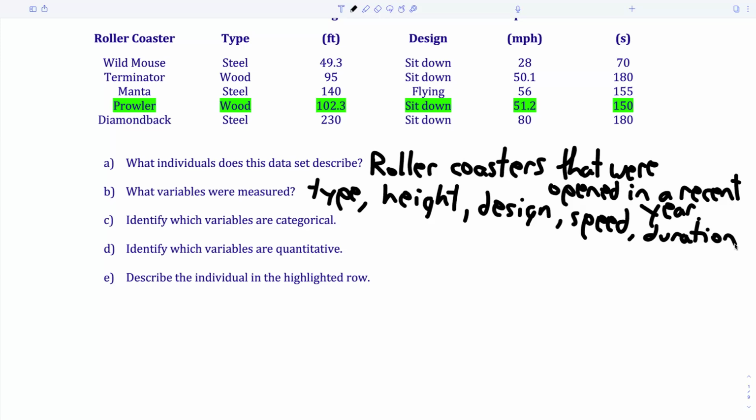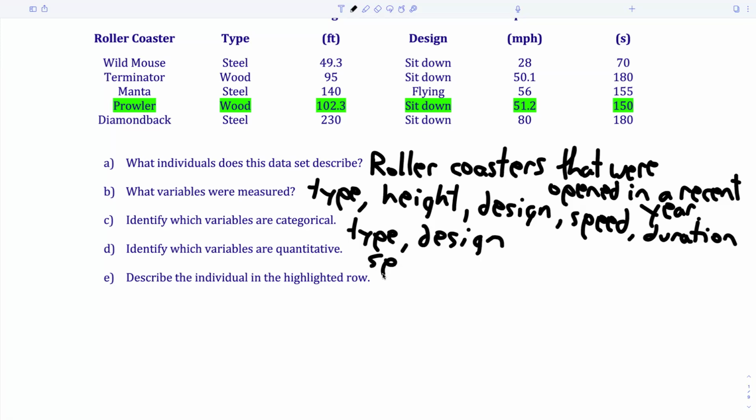Joseph, which ones are categorical? I would agree with that. Type, design. Both of those variables are types of categories, right? And so the other three have numbers, so they are going to be quantitative.